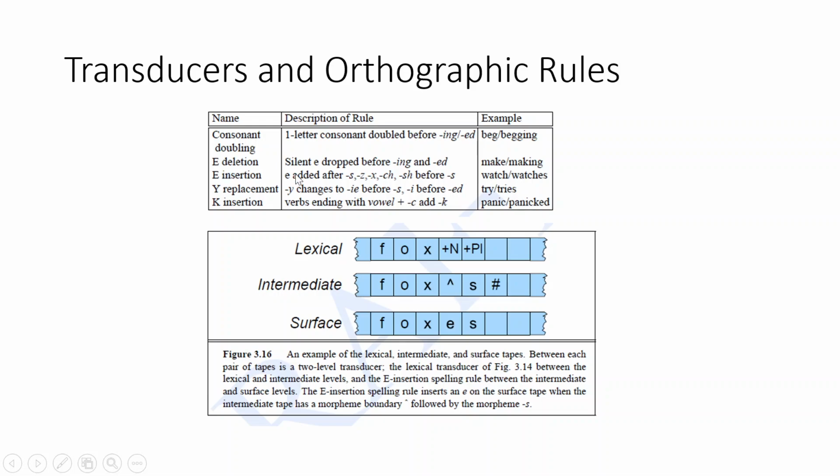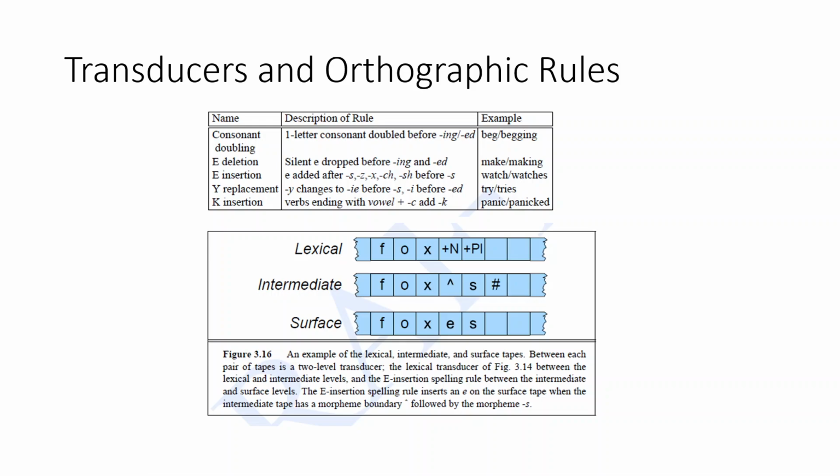Similarly, e deletion can happen. Say for example, make, when it becomes making, e is deleted. Or e insertion can happen. Say for example, fox becomes foxes. You need e insertion, right? That is, e is added after s, z, x, ch, sh, before an s. Watch, watches, or fox, foxes. So these are examples of orthographic rules.